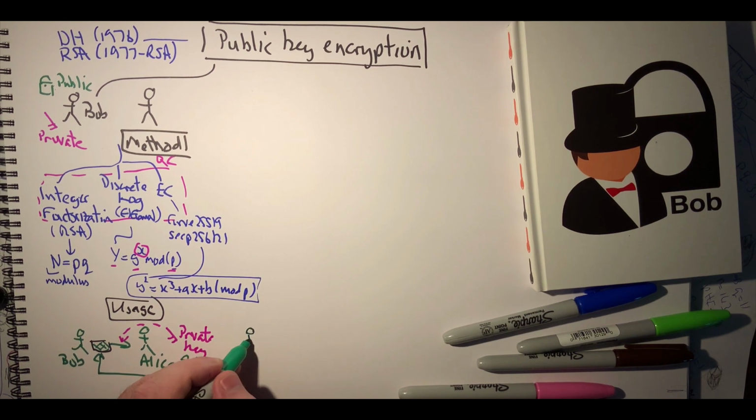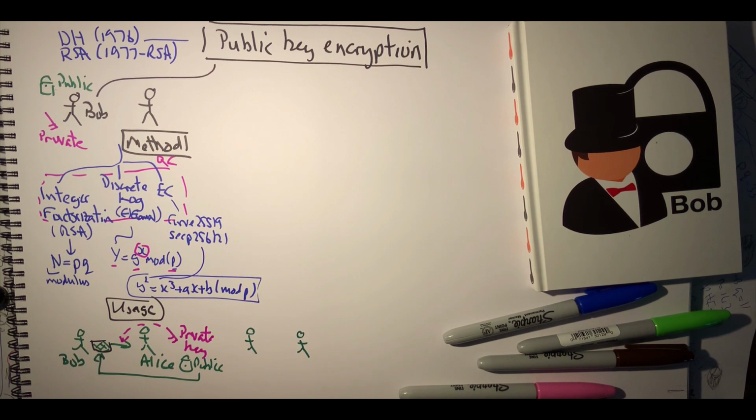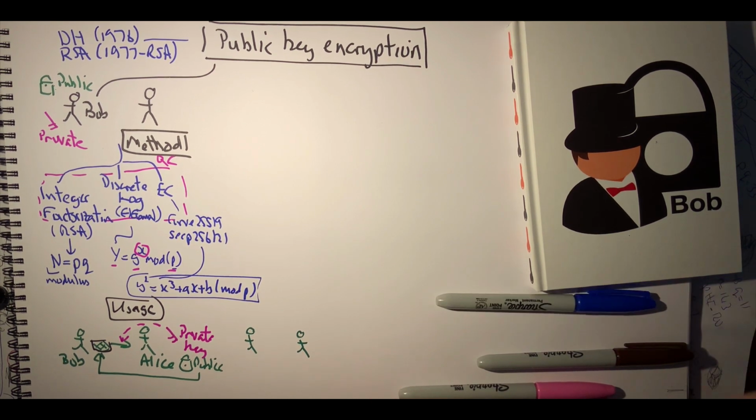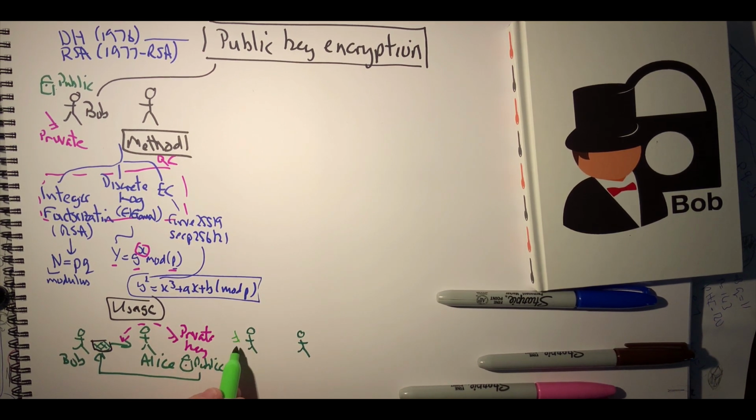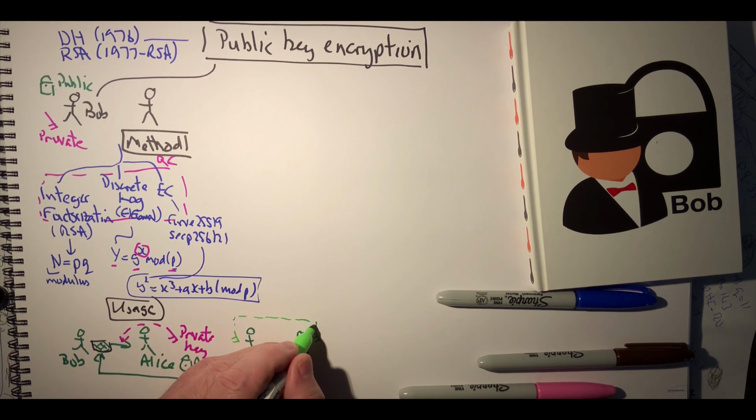So if we have Bob and Alice again, one way that we can share a secret key that they might use. Let's say that we have this key here. So let's say that Bob wants to get this encryption key over to Alice.